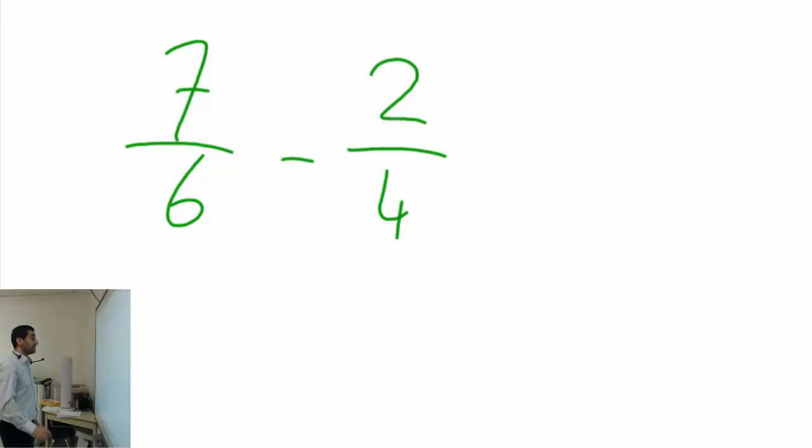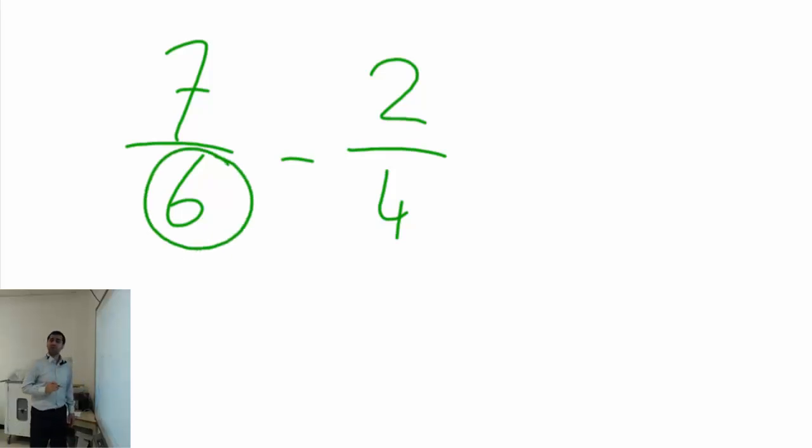And when you do that, you see the big number? Always go with the big number. What do I mean by that? Big number, 6. Multiply that by 2. We'll go slowly. 6, one more 6. It becomes 12.